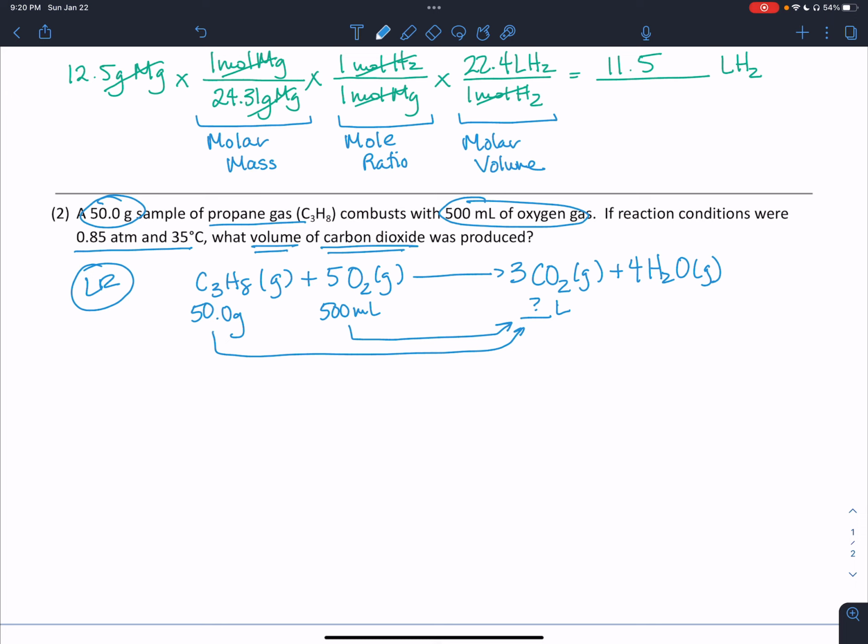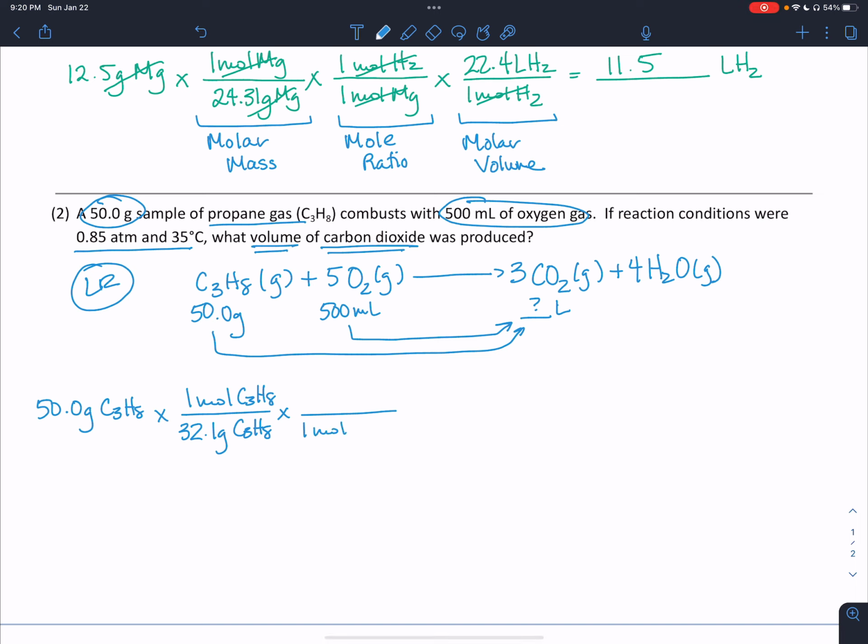So let's start with our propane. We have 50 grams of C3H8, and we need to convert that first to moles. So 1 mole of C3H8 has a mass of, and I'm going to get out my calculator, 32.1 grams of C3H8. Now we're going to convert to moles of CO2.